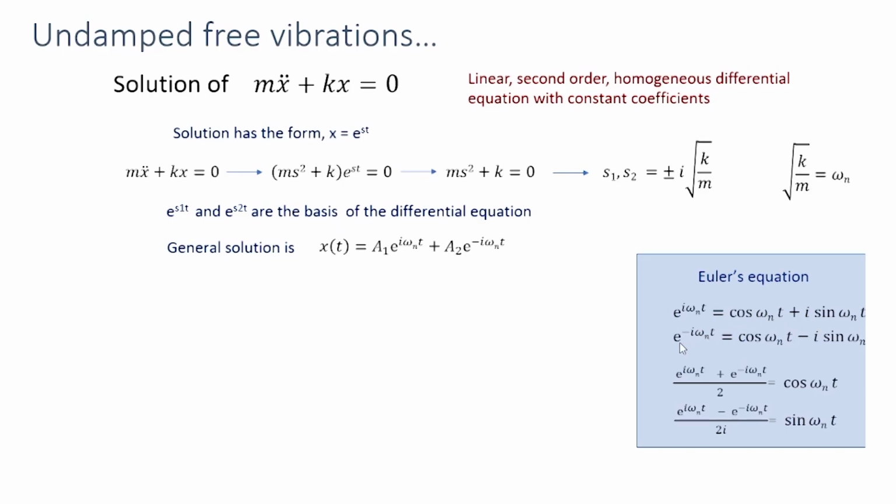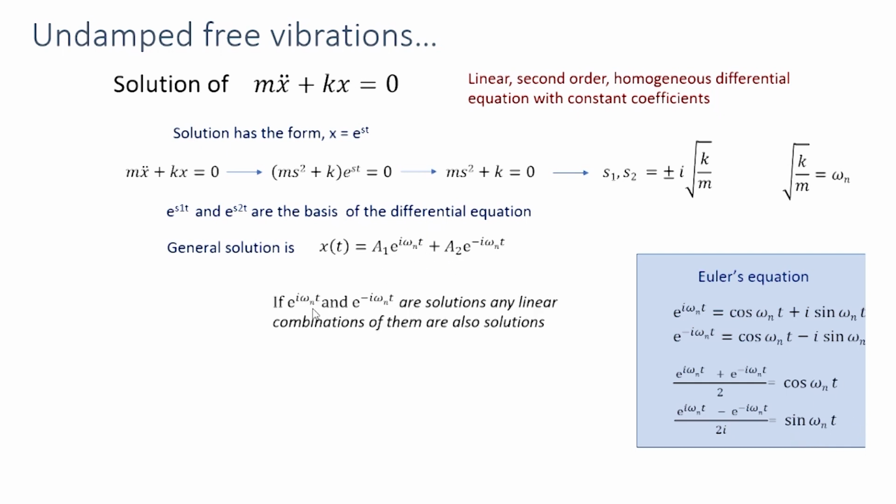Similarly, e to the power minus i omega n t can be written as cos omega n t minus i sin omega n t. So if you add these two equations and divide by 2, we will get cos omega n t. If we subtract these two and divide by 2i, we would get sin omega n t.